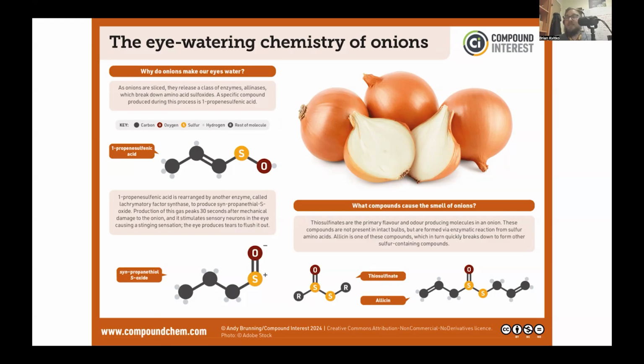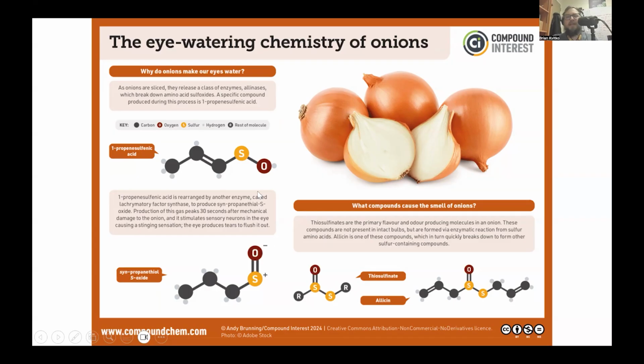When the onion tissue is damaged, you mix an enzyme and a precursor compound, and that produces this lacrimatory factor that is released. It gets volatilized. It interacts with the membranes in your eyes with water, and produces a very dilute sulfuric acid. Basically, it makes you cry.